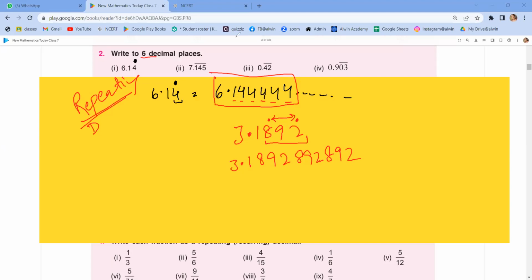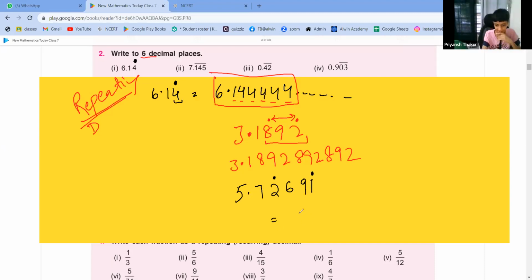Got it, ma'am. Okay. अगर मैं अब आपसे पूछ रही हूँ 5.72691 and you can see the 2 dots here. Who will tell me the answer to this? Priyansh, tell me what is the answer. The answer is 5.72691.